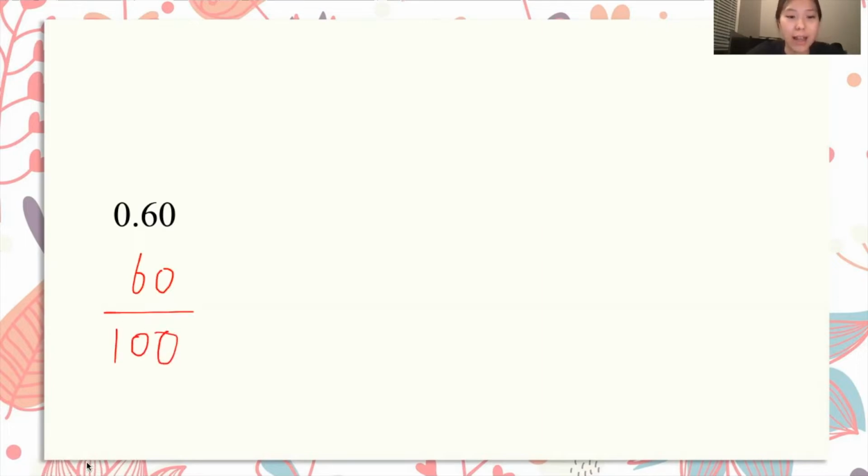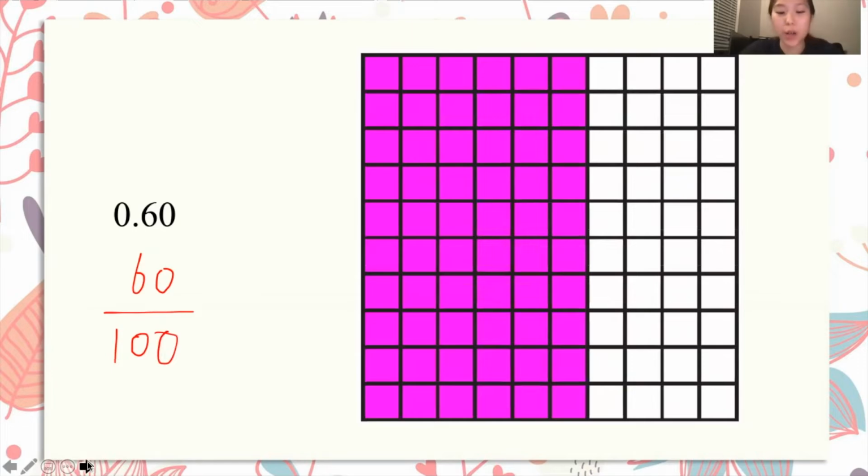So I can divide my square into 100 equal parts, and then we shade 60 parts of them. Here we go. So we have 60 shaded parts. The shaded parts can perfectly express the decimal number 0.60 or 60 hundredths. Great job!